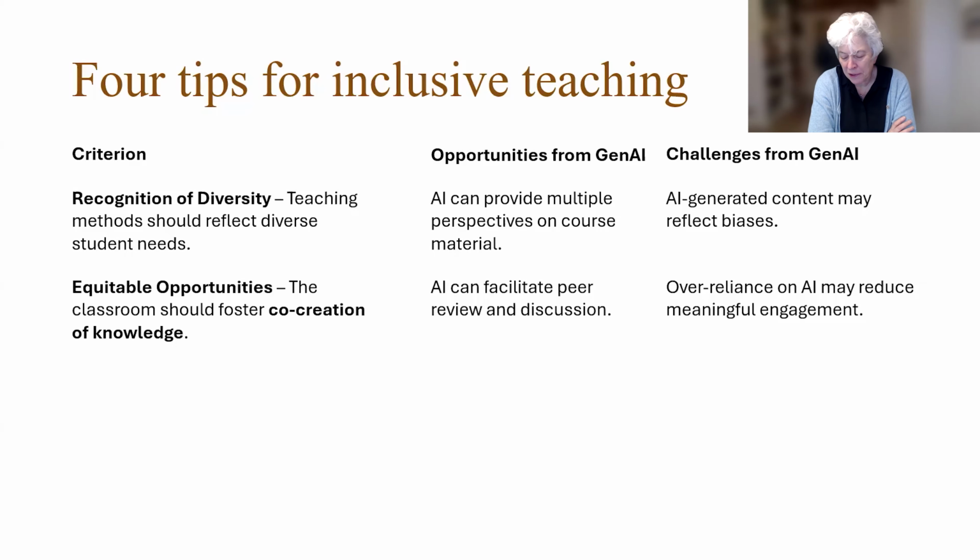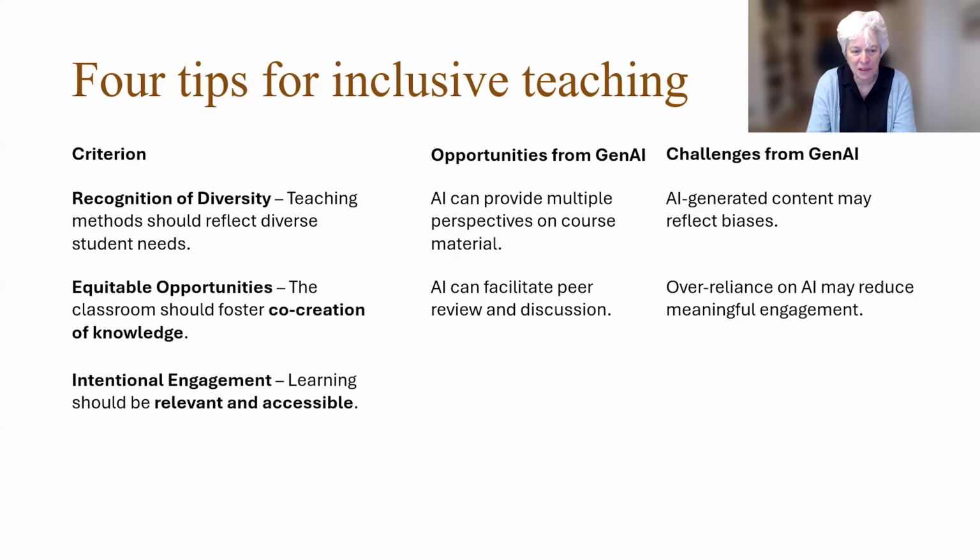But something that many of us are worried about is that if we encourage students to rely too much on AI, they might actually do less of what we want here, which is discussion in class. So there's going to be a balance in every case of how we deal with this.